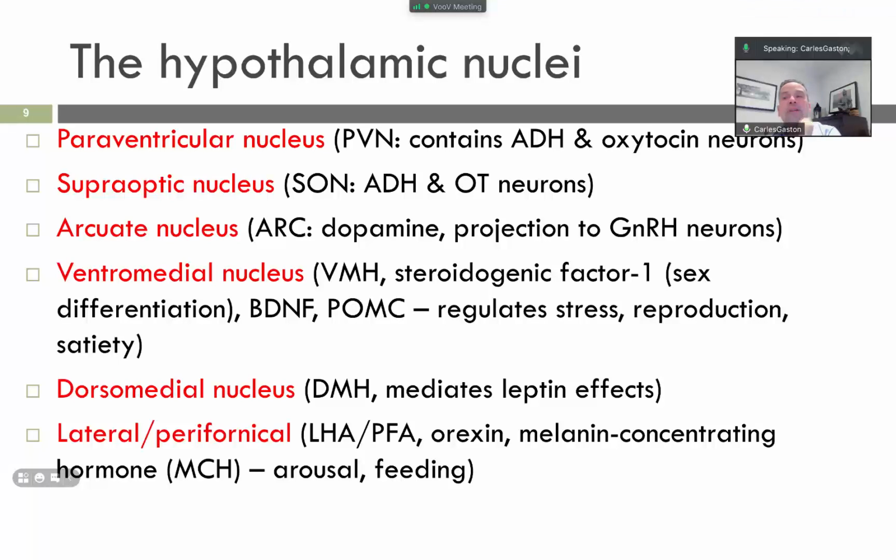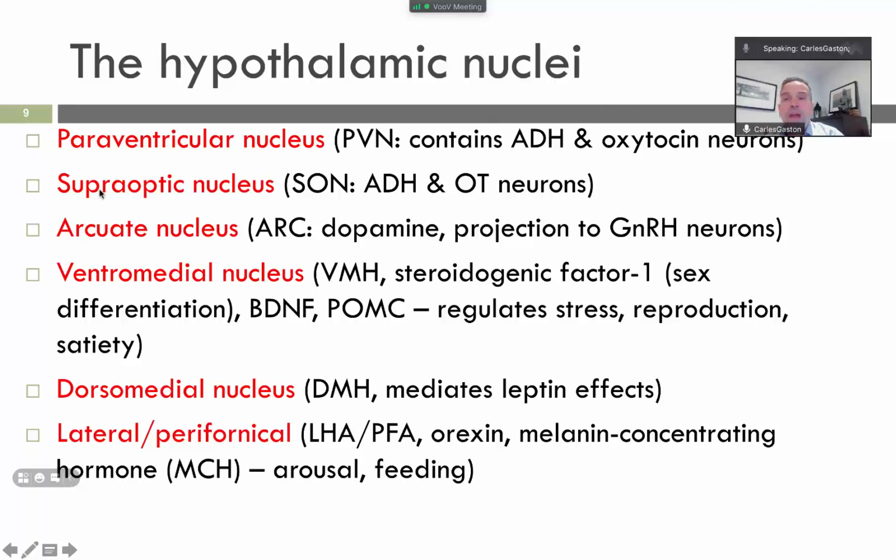If we start, the first one is the paraventricular nucleus, or PVN, and it contains ADH and oxytocin neurons. ADH is arginine vasopressin, or antidiuretic hormone, and it's important for osmolarity of the blood and retention of water. We will study this in a further lecture.